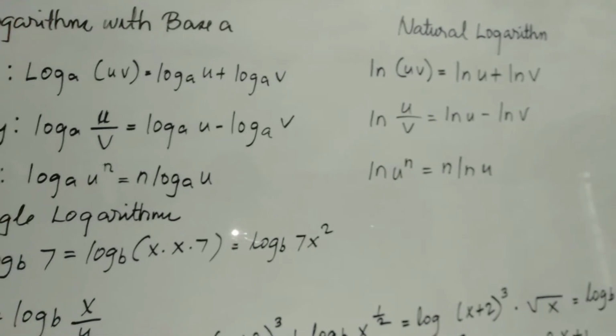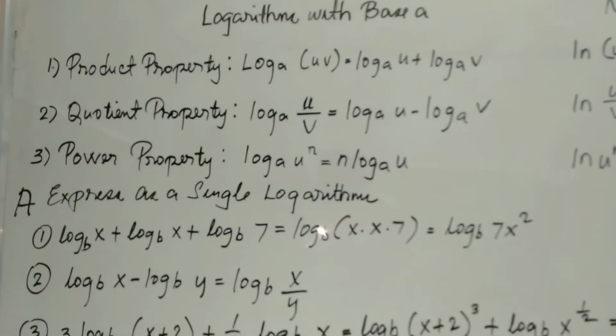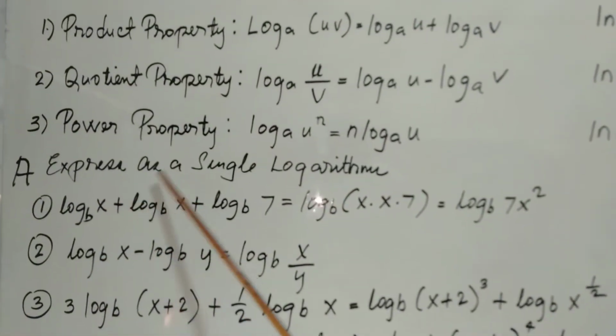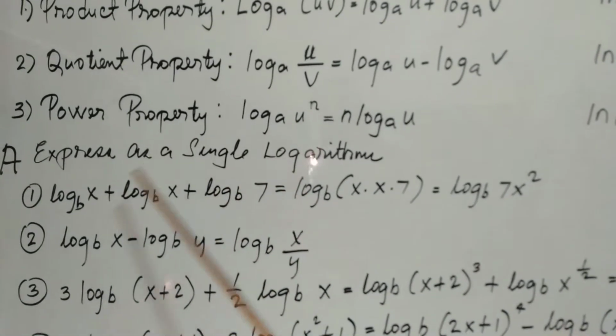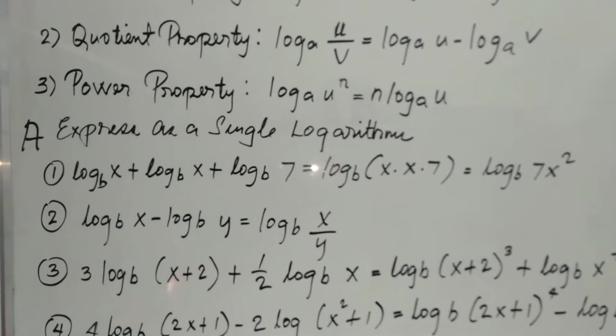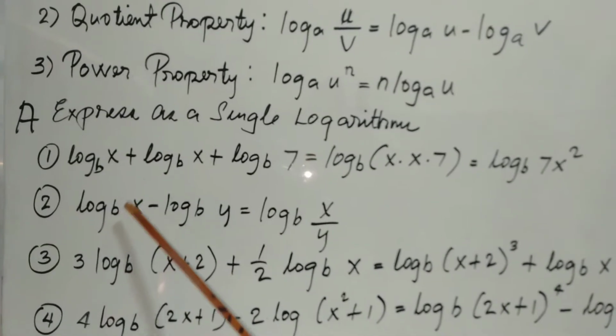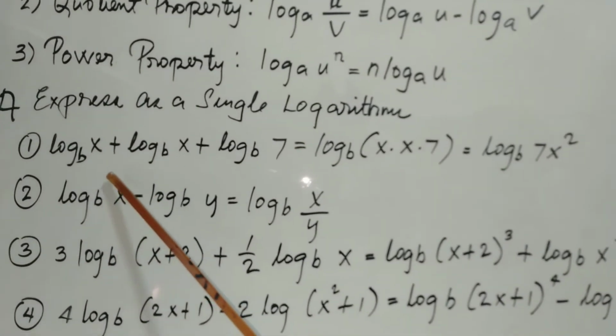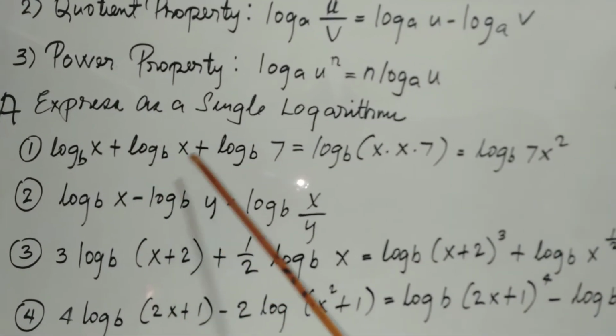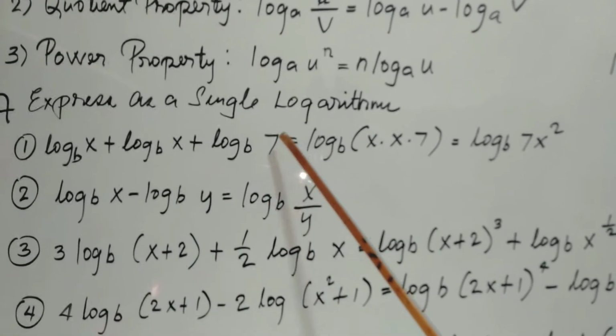So we have two sets of problems here. The first one, we will express as a single logarithm all of these things. We are given logarithm of x base b plus logarithm of x base b plus logarithm of 7 base b.